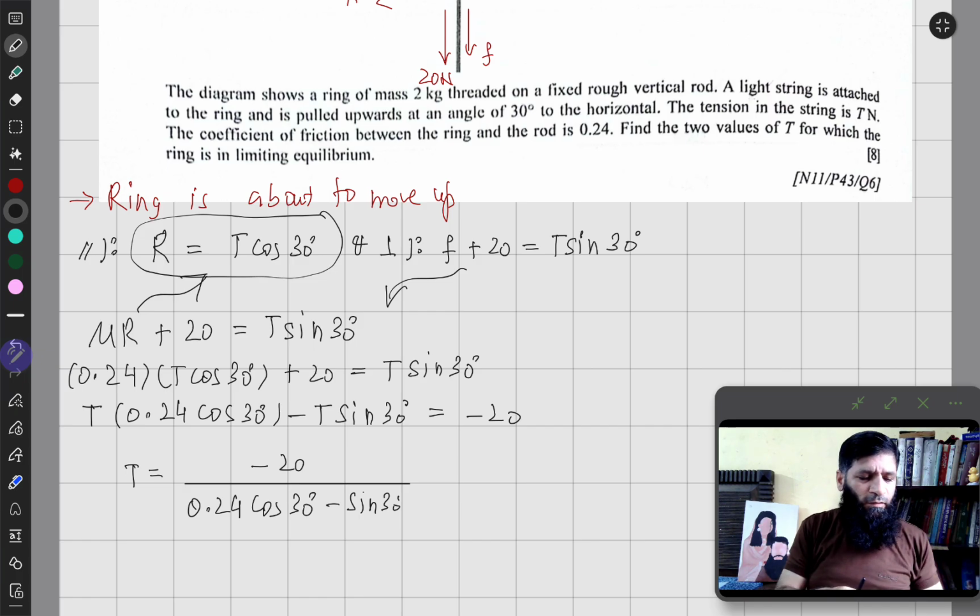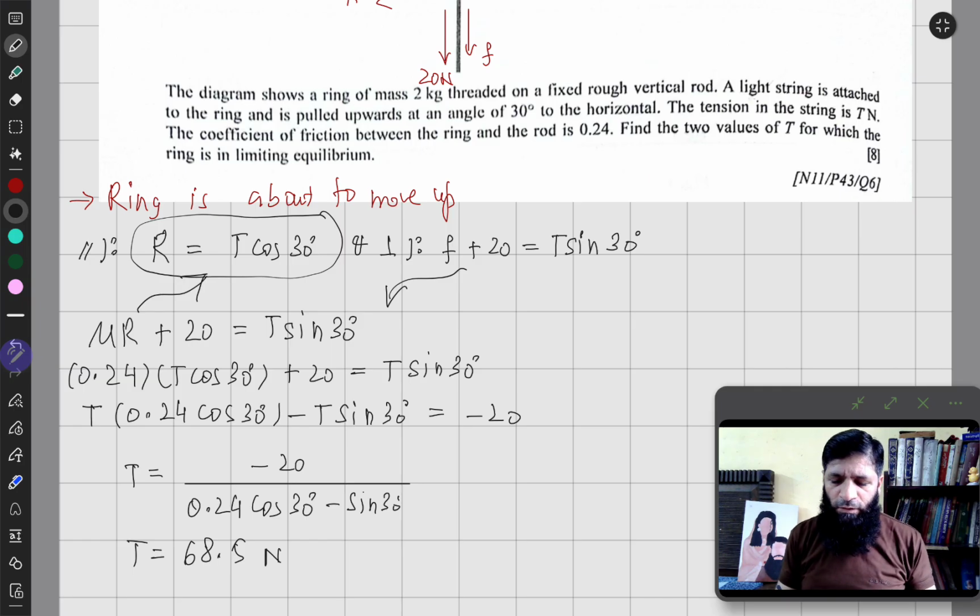If you find this for T using a calculator, this will become 68.45, so you will have 68.5 newtons. So this is the first value of T in which the ring is about to move up.